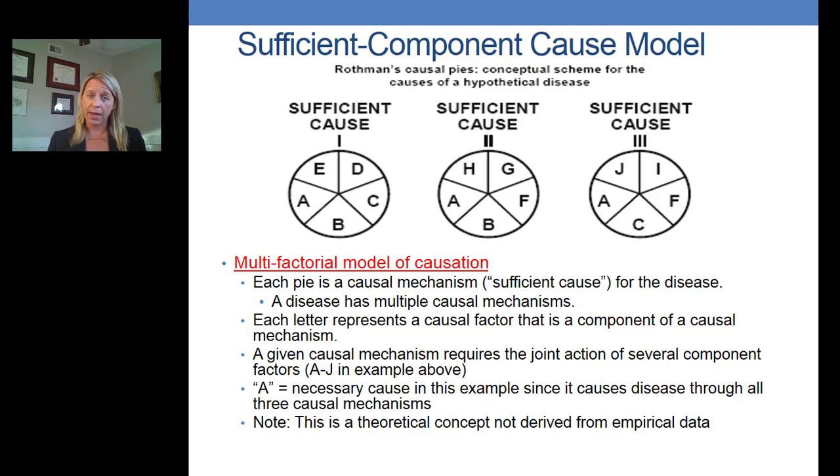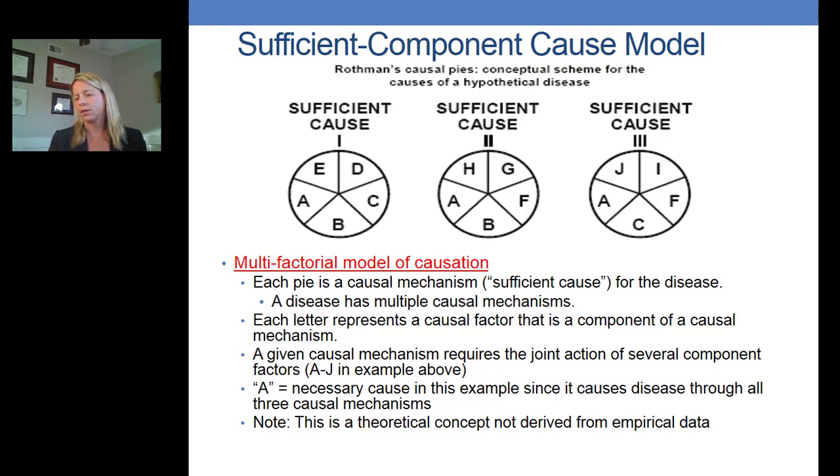So in this example, A is a necessary cause, since it's present in all 3 causal mechanisms, or causal pies. However, each causal pie consists of different risk factors, right? In the first one, you have A, B, C, D, E, and in the other 2, you have different combinations of different factors. But again, all 3 of those do contribute to the disease occurring.